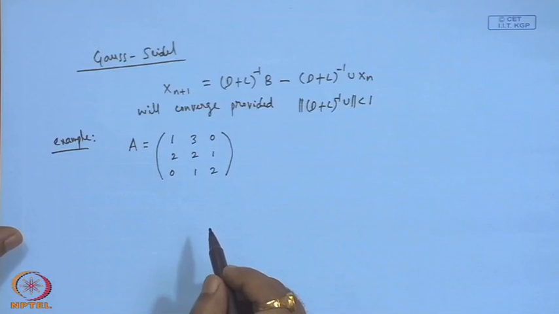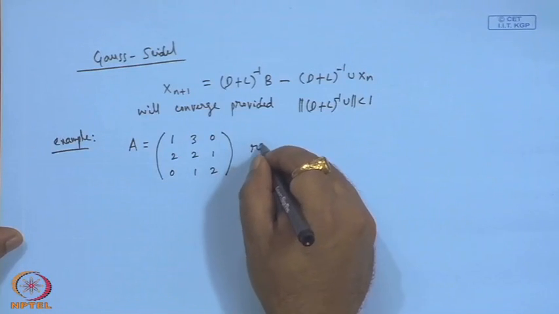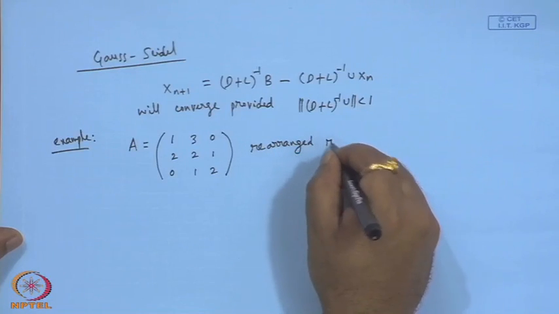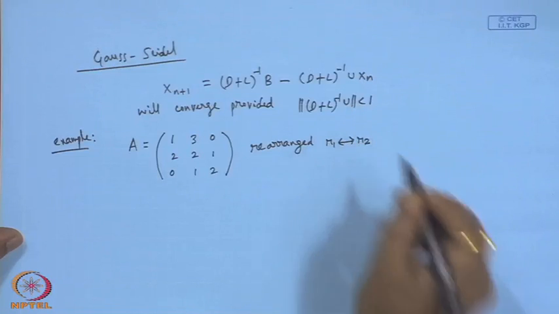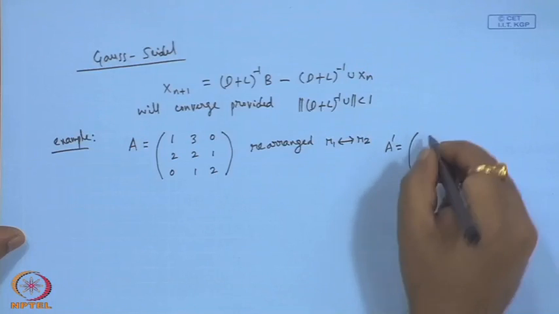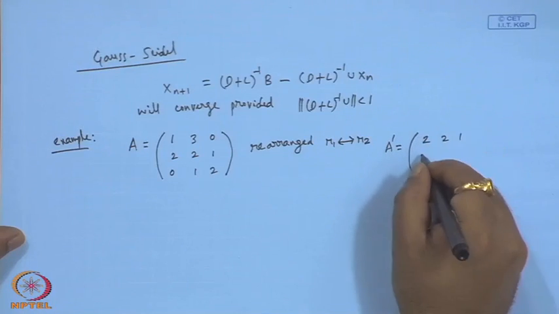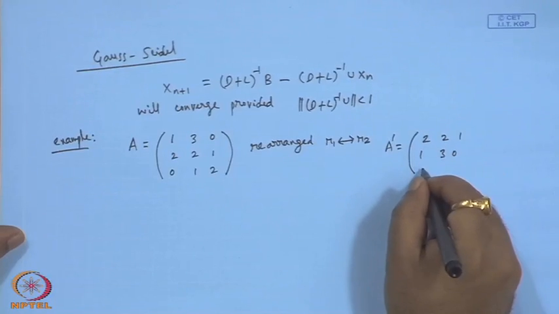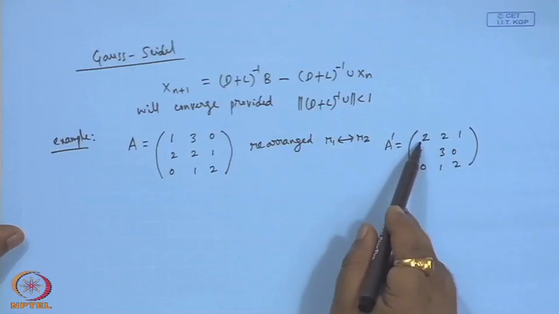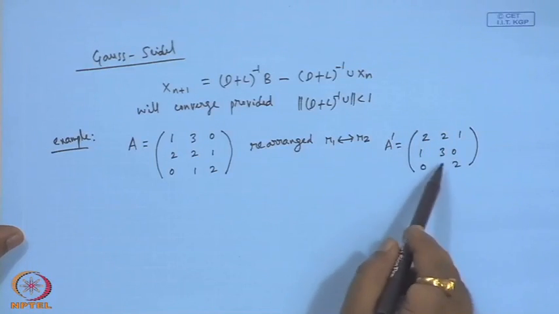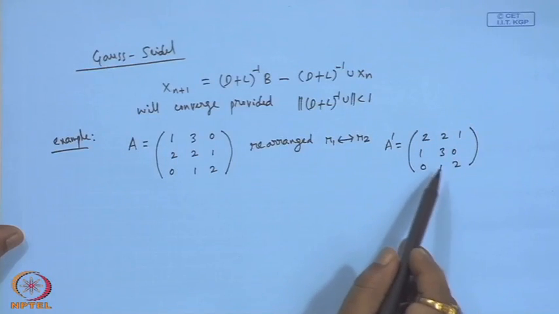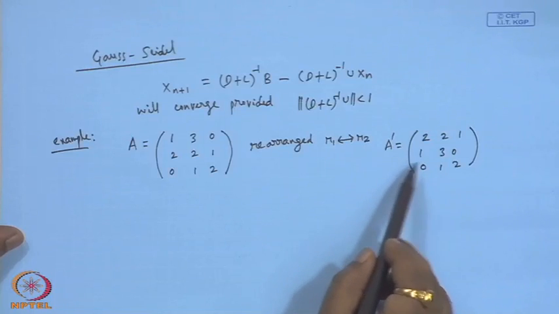Let us take this A, then rearrange it by exchanging rows 1 and 2, and call it A prime. You can see that when we split this into D plus L plus U, D contains the larger elements. Here D contains 1 and 2, whereas here it is 2, 3, 2. This is what we mean by maximizing D.